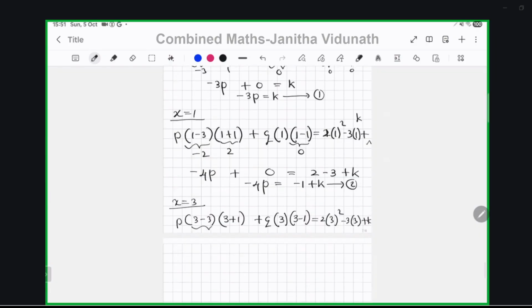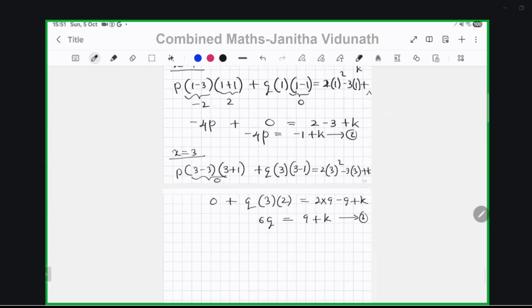Then this term cancels out because all become 0. Then 0 plus q times 3 times 2 is equal to 2 times 9 minus 9 plus k. That means 6q is equal to 9 plus k. This is our third equation.